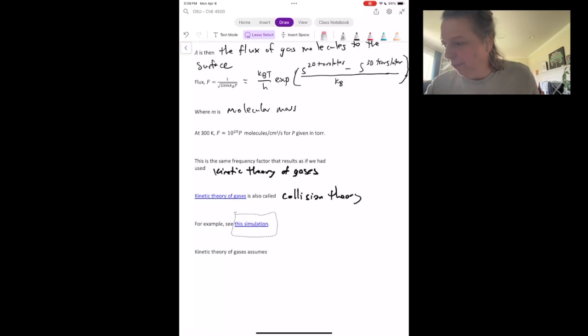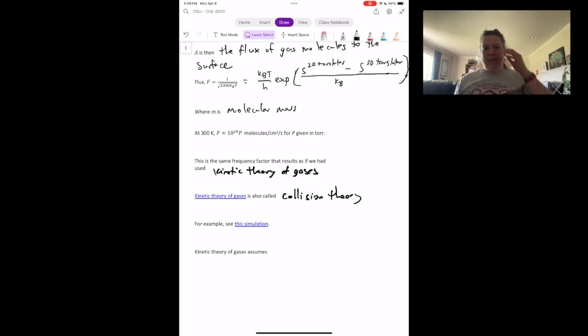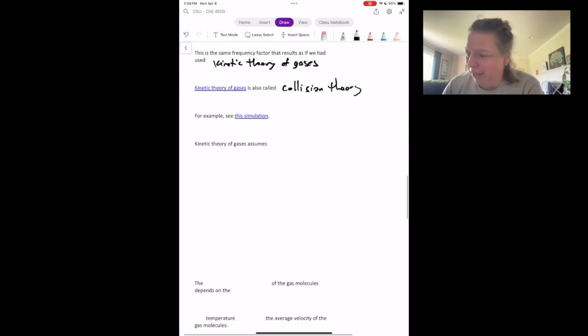Well, if you have a chance, you can view this simulation. It basically is a simulation of gas molecules. The gas molecules are in a box, and they are colliding with each other and with the walls of the box. And that essentially is collision theory, or I'm sorry, kinetic theory of gases.